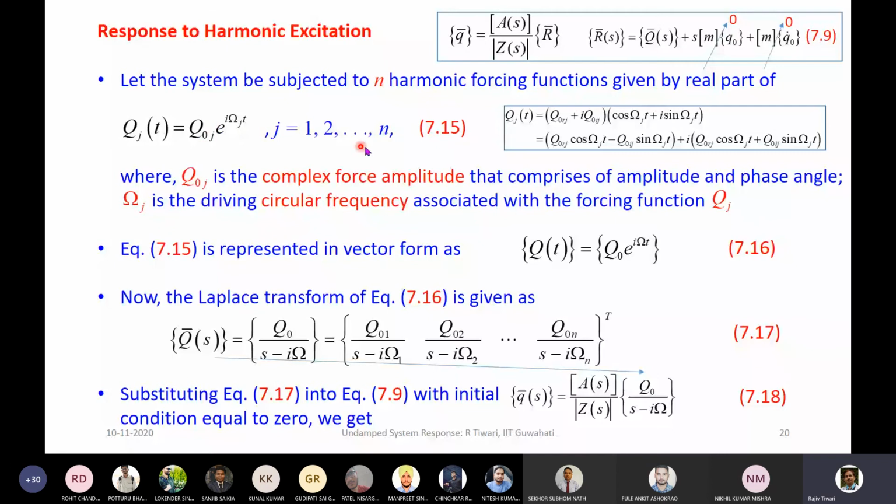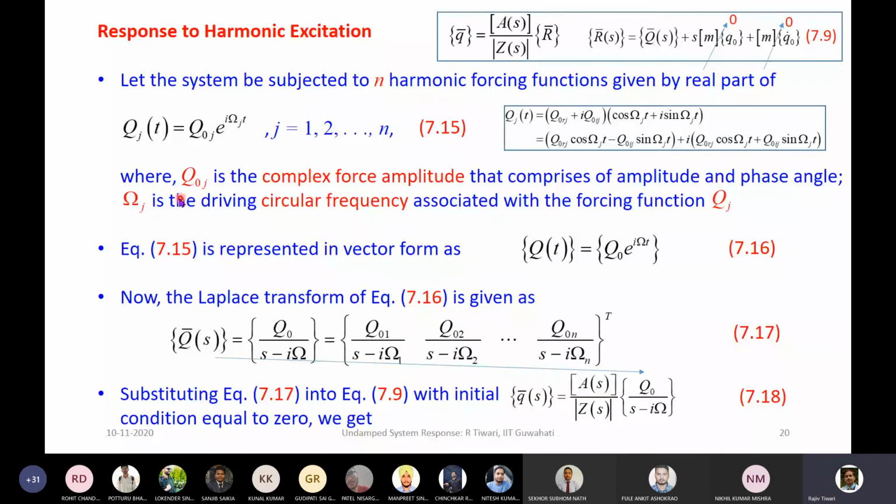At different locations their frequency is different, and the amplitude is also different, and this amplitude is nothing but the complex amplitude. What is the complex force amplitude? A complex number is a quantity having a magnitude and a phase. That means different forces can have different phase lags.